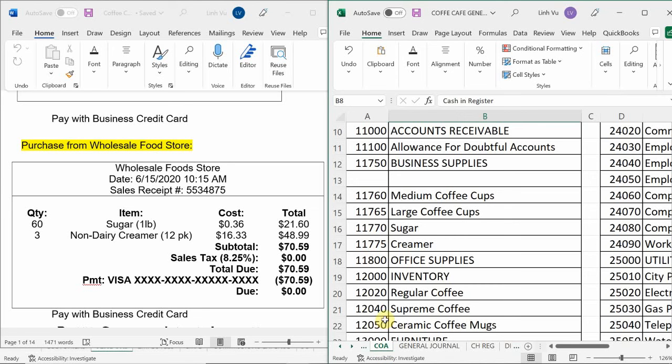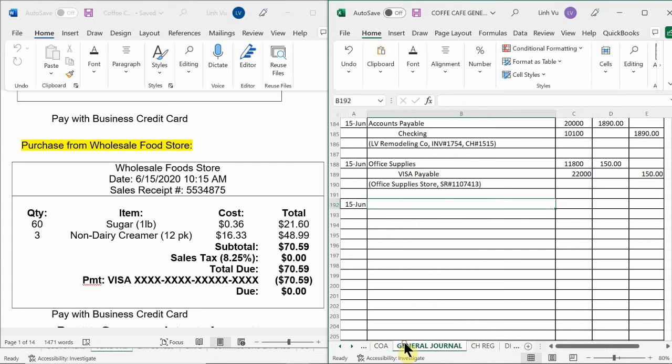Good. Right, 11,770 and 11,775. And it looks like we paid with our business credit card. So again, we are putting it in Visa payable.